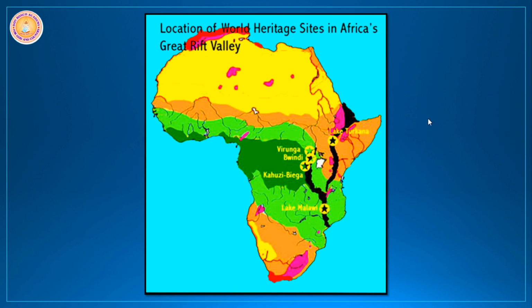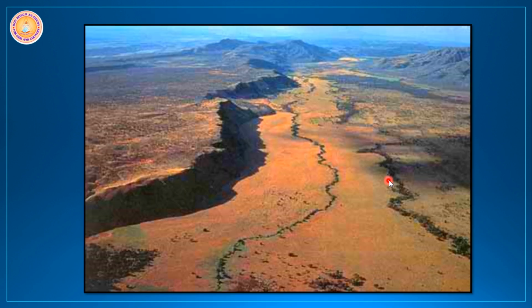On the ground, this rift valley looks somewhat like this. You can see over here, narrow and elongated cracks on the surface of the earth, which can be several kilometers below the surface of the earth.